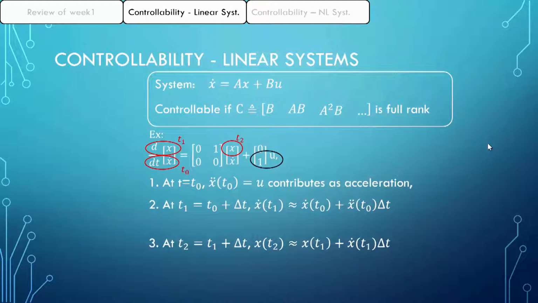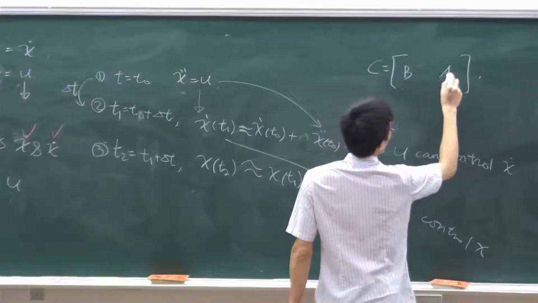So what's the relation between these time steps and this matrix? For this column is B, and the controllability matrix C is made of B and AB.